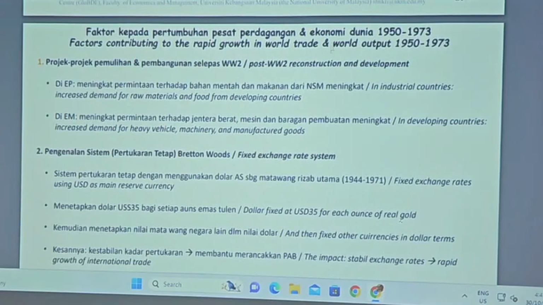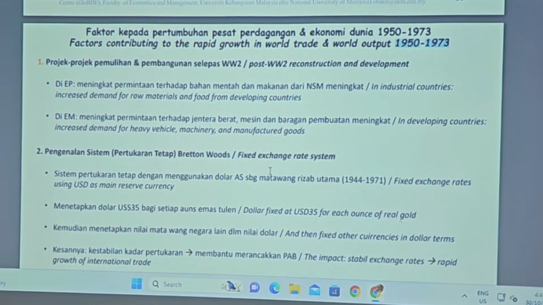All in all, this is the golden years of world economy. It grew very fast because of trade, international trade, and of this exchange rate that maintains stability.